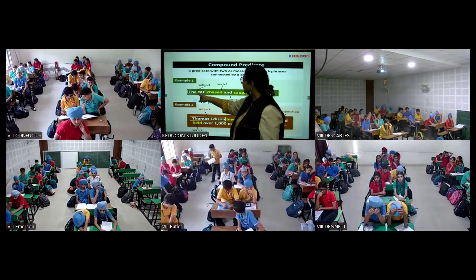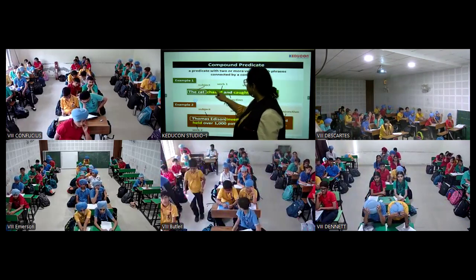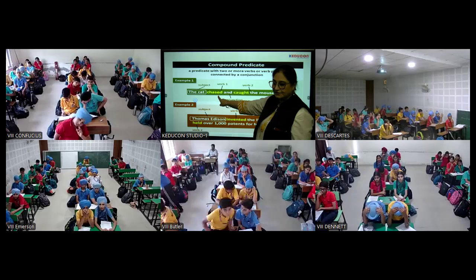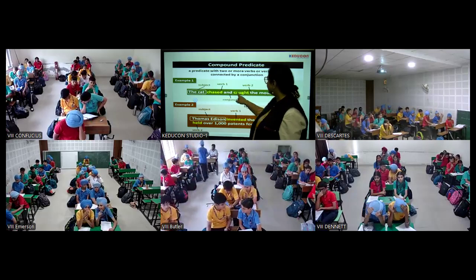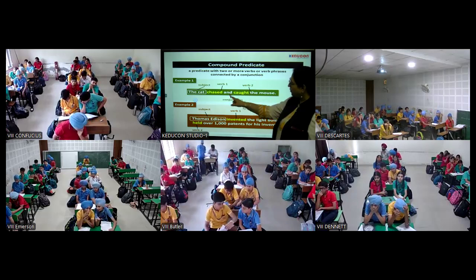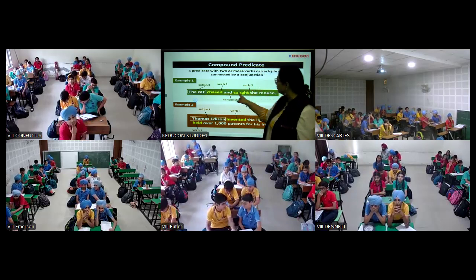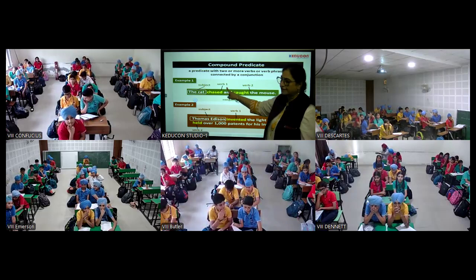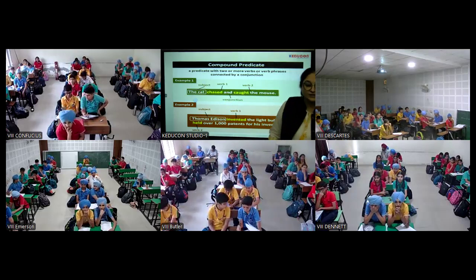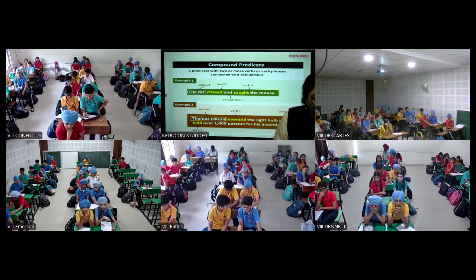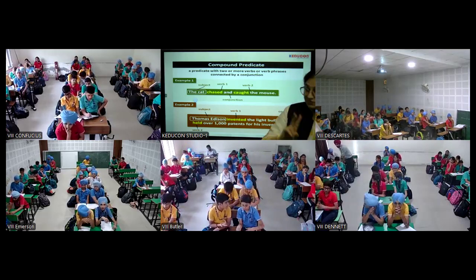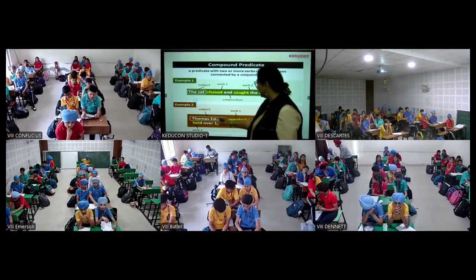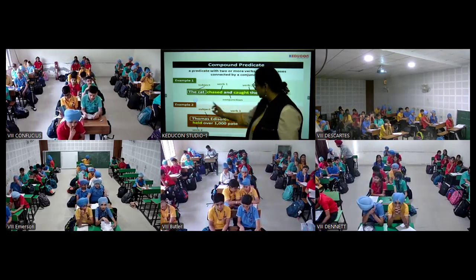So here, the subject is the cat. Verb 1 is chased. And verb 2 is caught. Chased, caught, the mouse. So one subject and two verbs joined by a conjunction. Okay, so similar for compound predicate, but it has to be two verbs. Okay, next example. Thomas Edison is the subject.